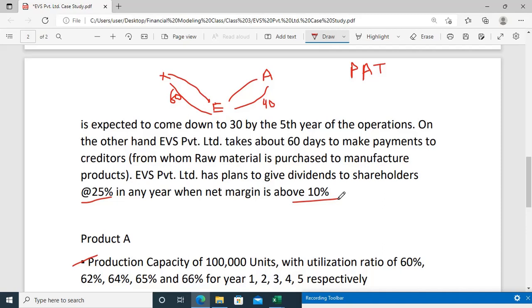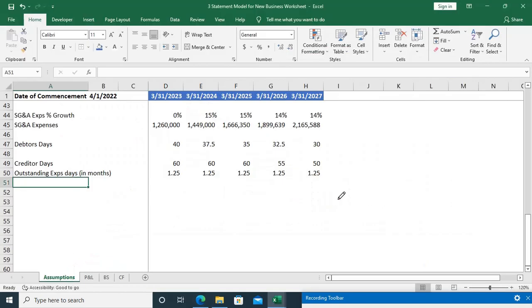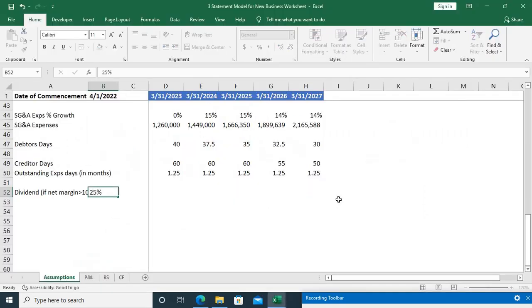So EVS Private Limited is planning to give dividends to the shareholders at the rate of 25% in any year when the net margin is above 10%. Just list it down. Dividend if net margin is greater than 10%, and how much is the dividend percentage? It is 25%. Okay.